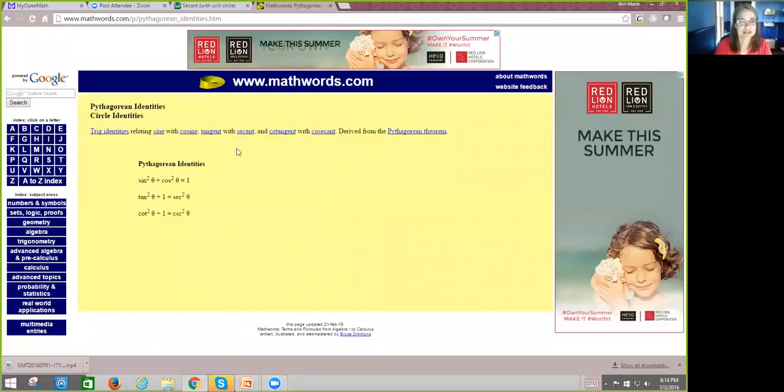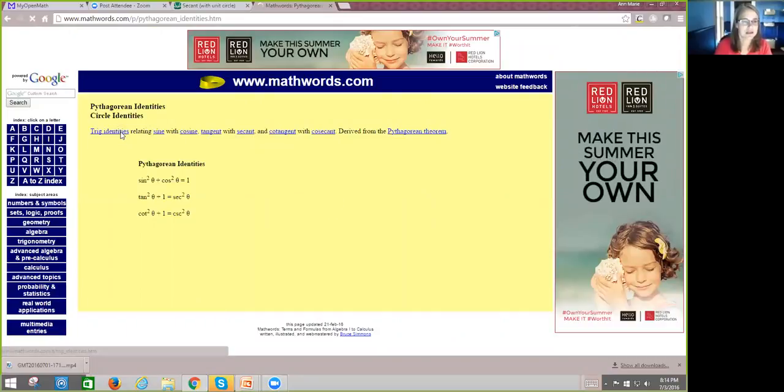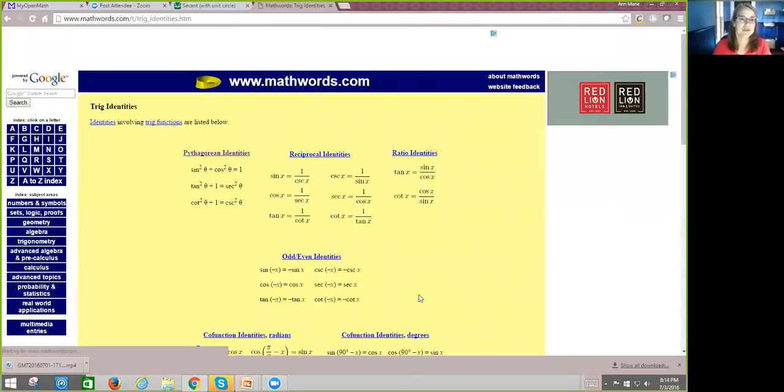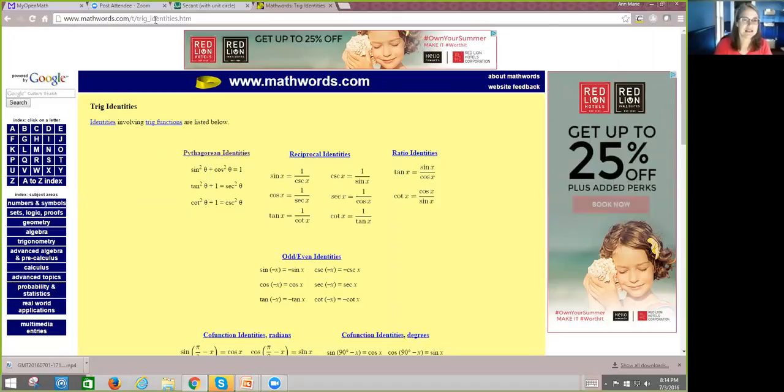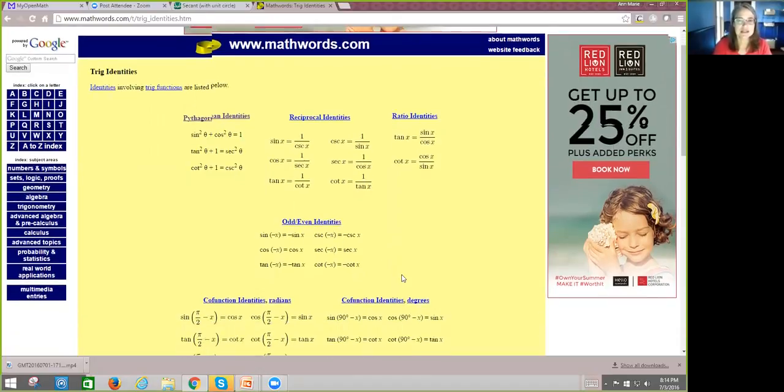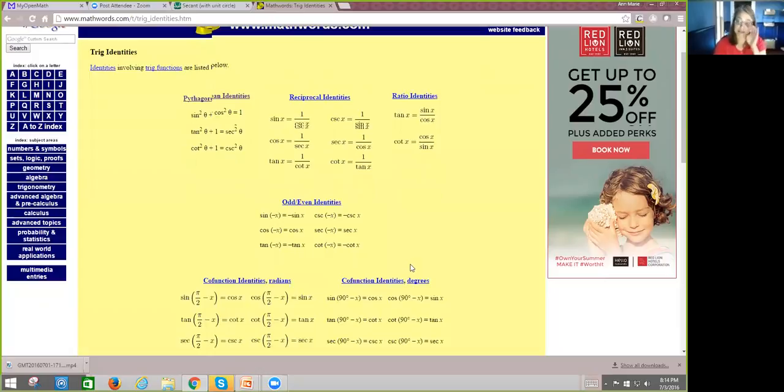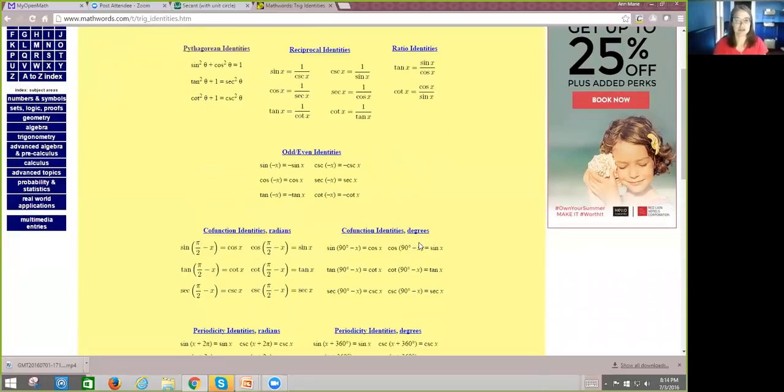Well, those are some of them. This is the page I wanted. So mathwords.com/t/trig identities. The reason I wanted to show this to you is because there's a lot of stuff on here, and I'm going to show you what you will want to know.